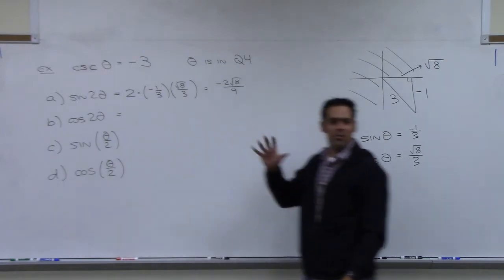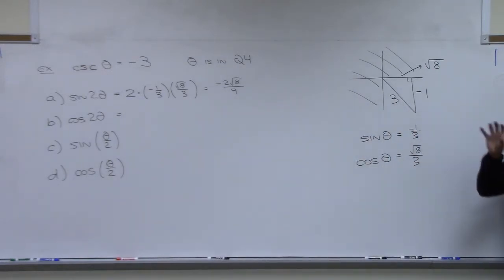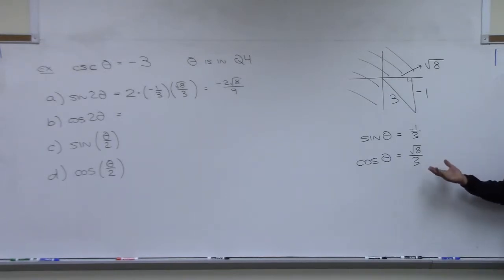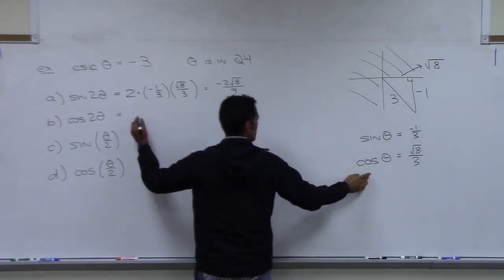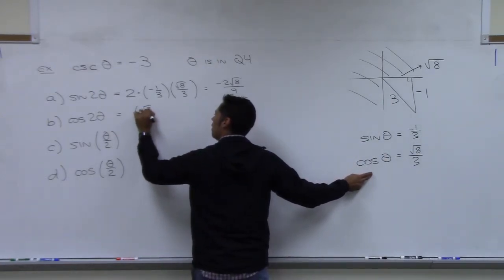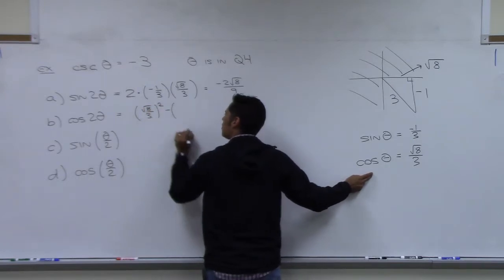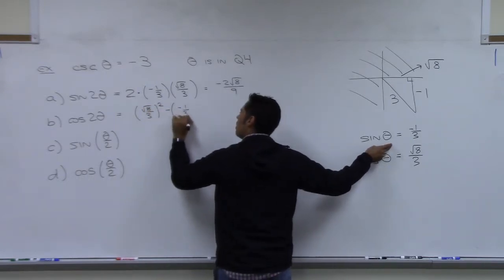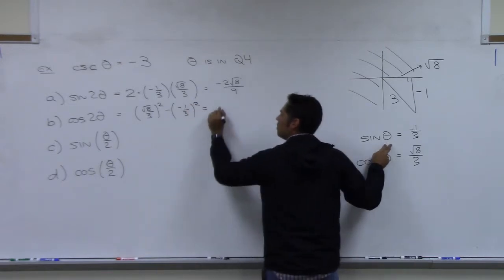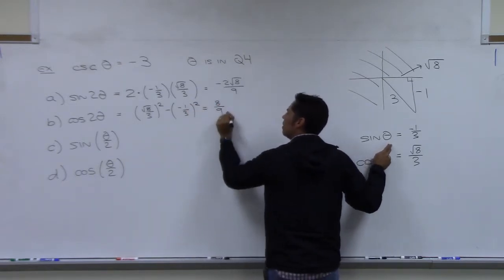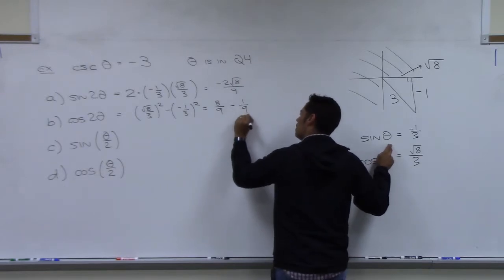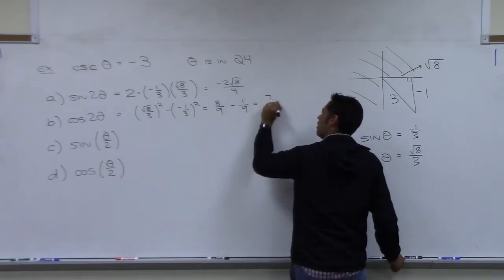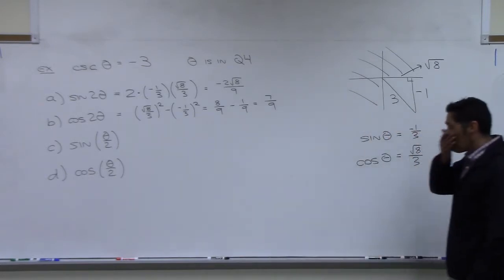If I have sine and cosine, I like to use cosine squared minus sine squared, only because it's easier for me to remember that formula. It's almost a Pythagorean, but with a minus and starting with cosine. The other 2 are suitable, but I'll do the one I like. So I'm taking root 8 over 3, squaring it, minus sine squared, negative 1/3 squared. That gives me 8/9 minus 1/9, so 7/9.